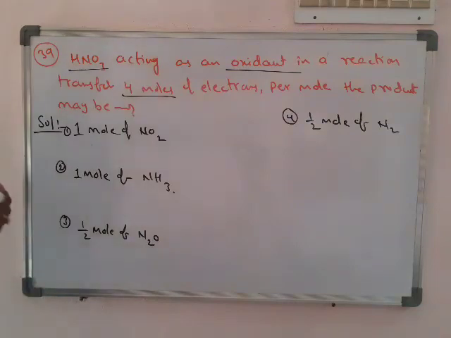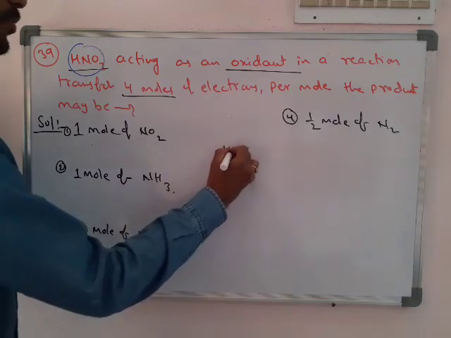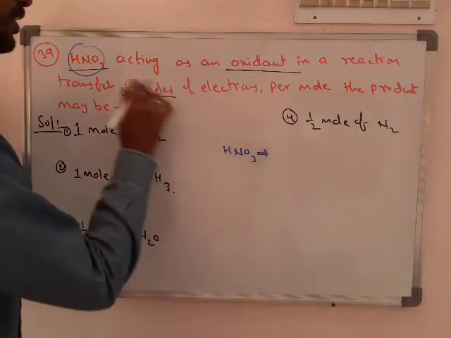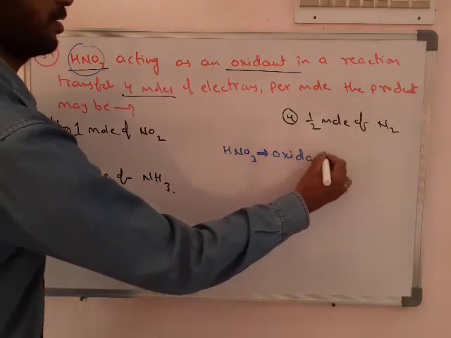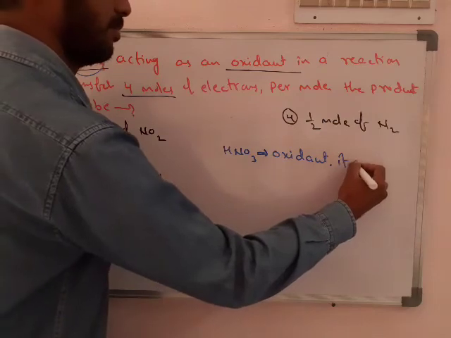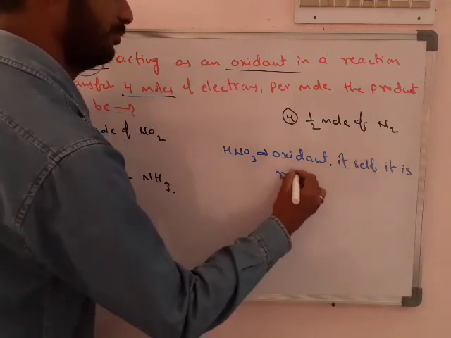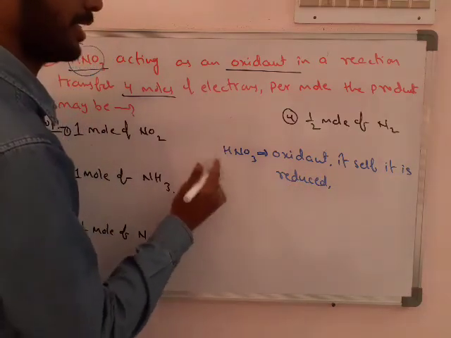So how to solve this problem means first we see the question. HNO3 acting as oxidant. So HNO3 given means what is the nitrogen oxidation state? Actually it works as oxidant. Oxidant means itself it is reduced.